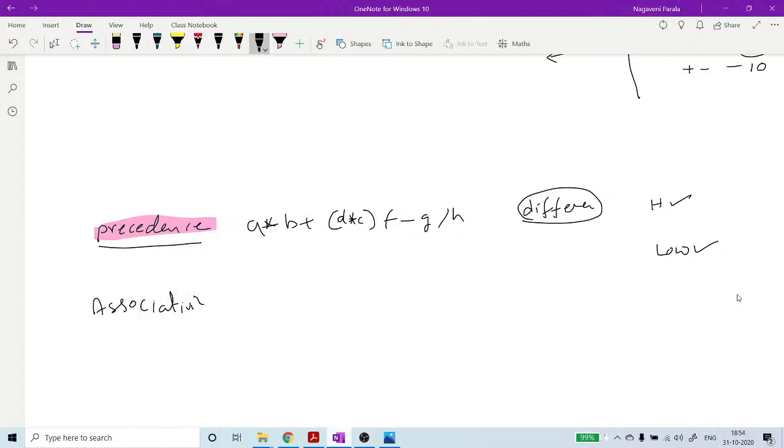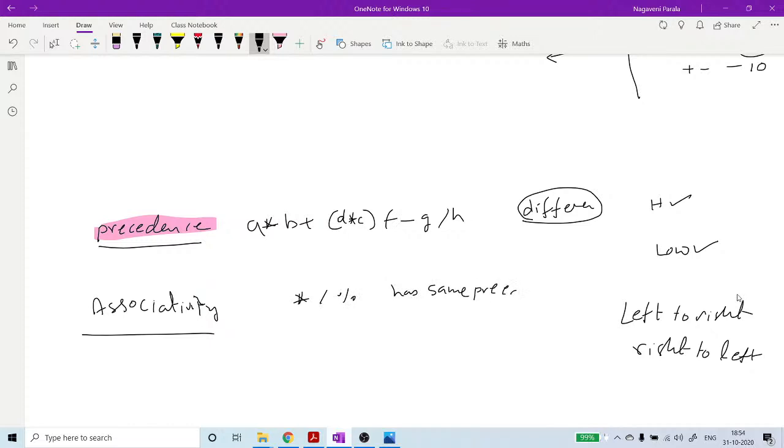Then what is associativity? When operators are of the same type or having the same precedence, multiplication, division and modulo have the same precedence, and addition and subtraction have the same precedence.